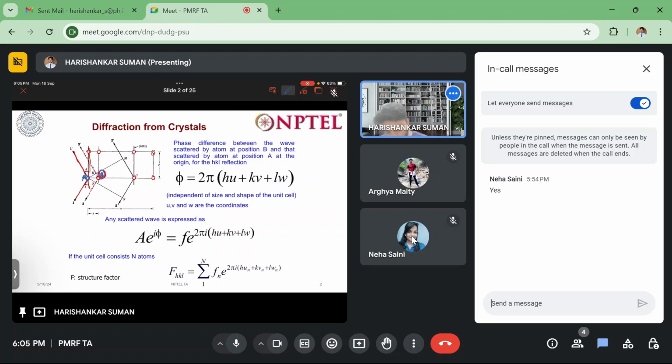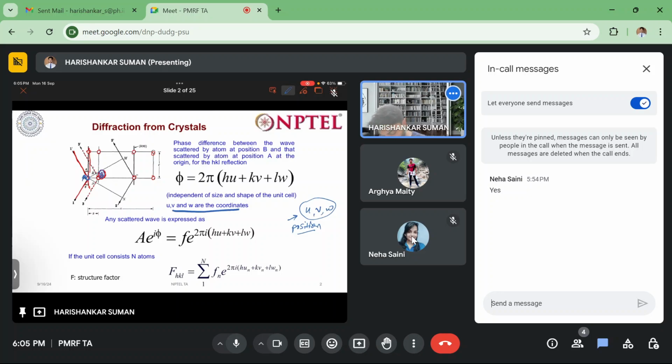For the HKL reflection, we know the phase difference phi equals 2 pi (hu + kv + lw), where u, v, and w are the coordinates of the position.